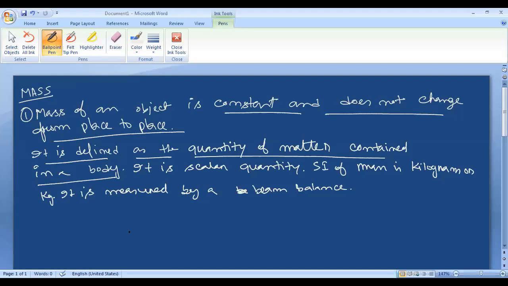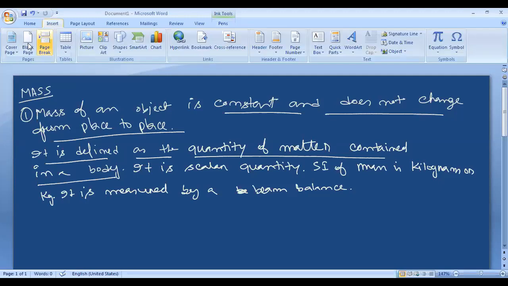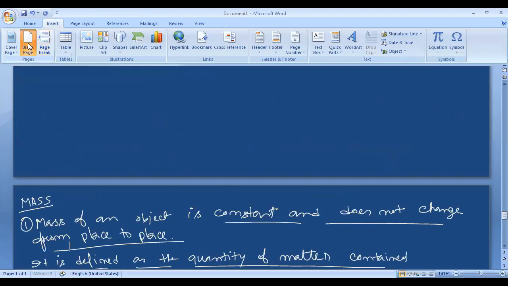Have you finished? All of you finish the writing part. So next item, weight.